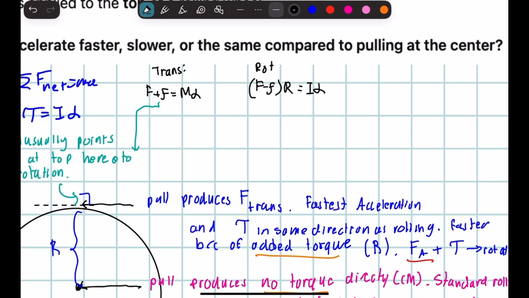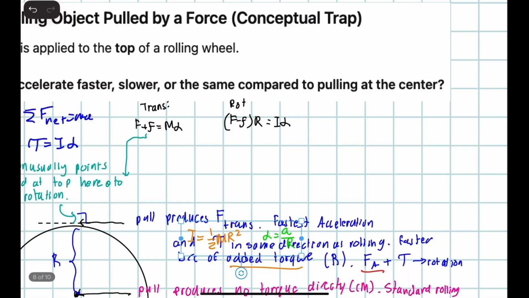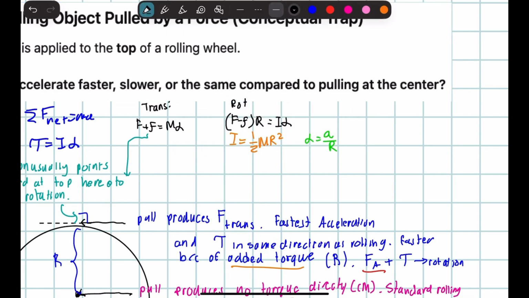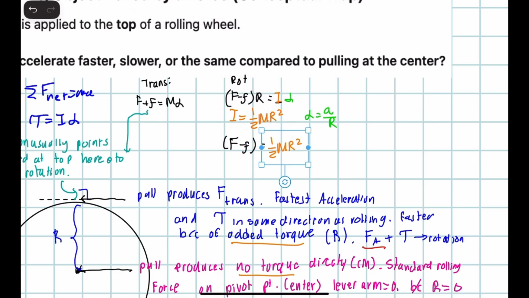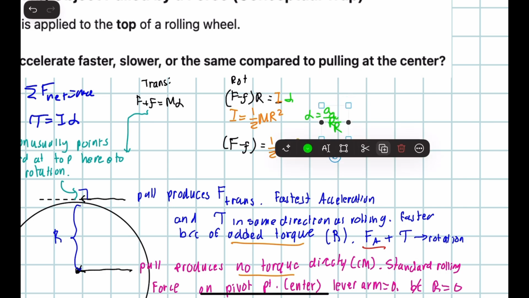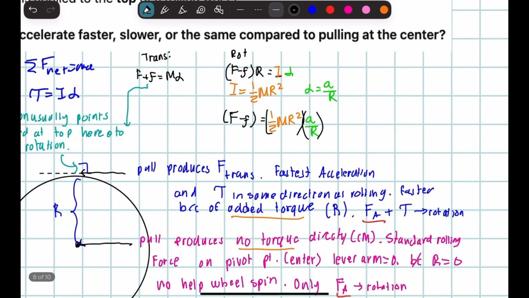So now using the same substitutions that we did for I and alpha down here, we have F minus f is equal to 1/2 ma, and one of those R's cancels.